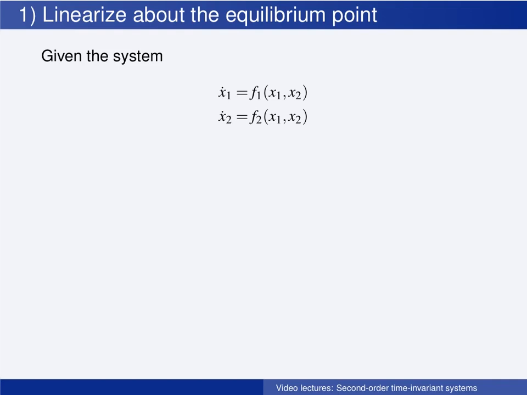Given a two-dimensional time-invariant system, say that we have found an isolated equilibrium point x1 star and x2 star.